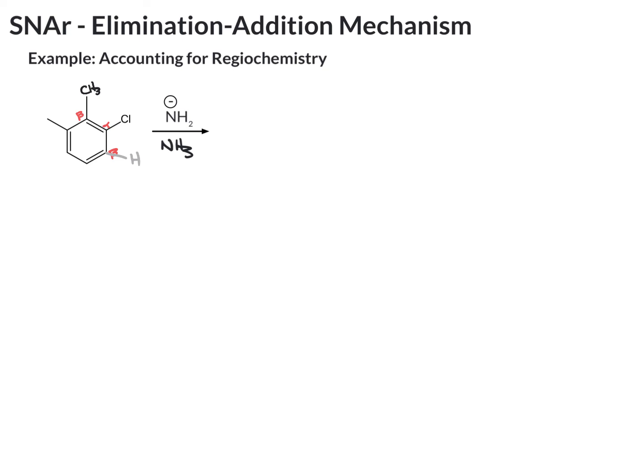Now there is one thing you want to do here to make this reaction a little easier to analyze. We want to draw the resonance structure of the aromatic ring where the double bond is between the beta hydrogen and the leaving group. So we want the one where the double bond is between the alpha and the beta carbon with the hydrogen.